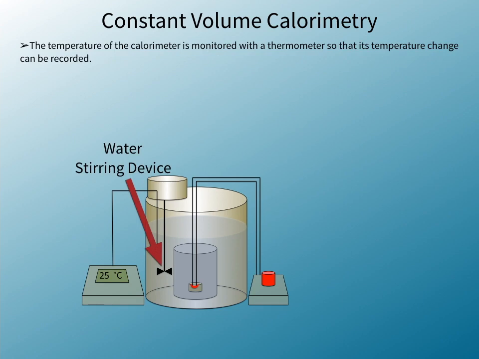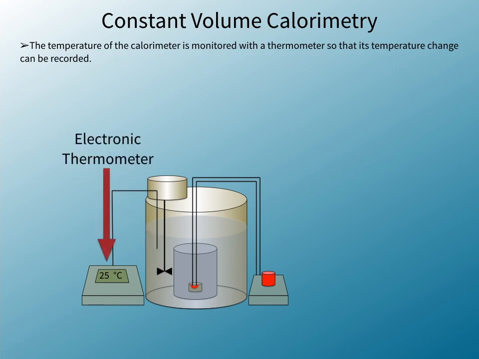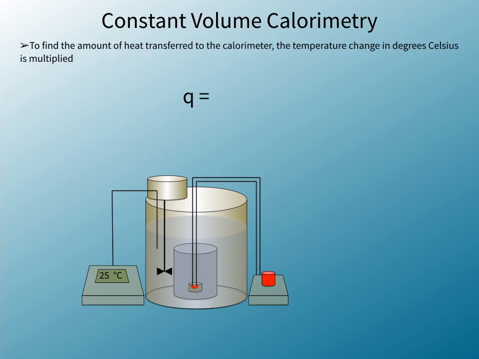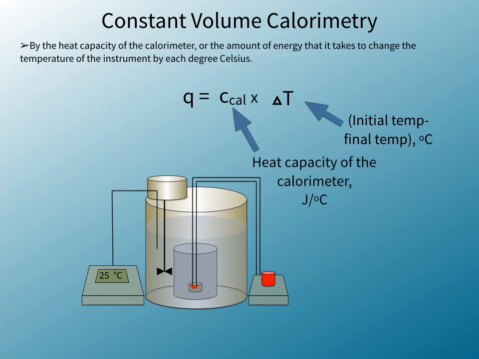The temperature of the calorimeter is monitored with a thermometer so that its temperature change can be recorded. To find the amount of heat transferred to the calorimeter, the temperature change in degrees Celsius is multiplied by the heat capacity of the calorimeter, or the amount of energy that it takes to change the temperature of the instrument by each degree Celsius.